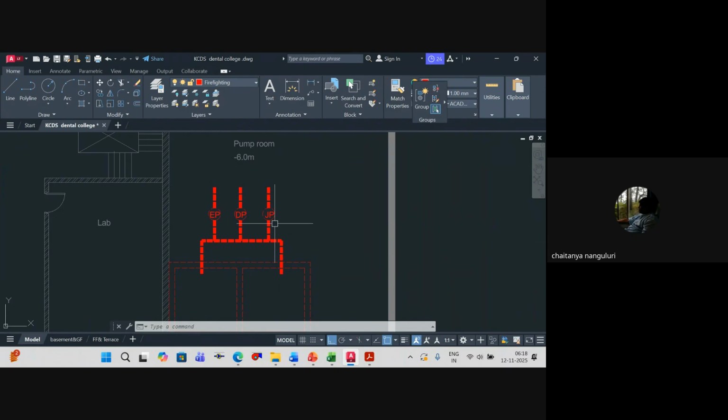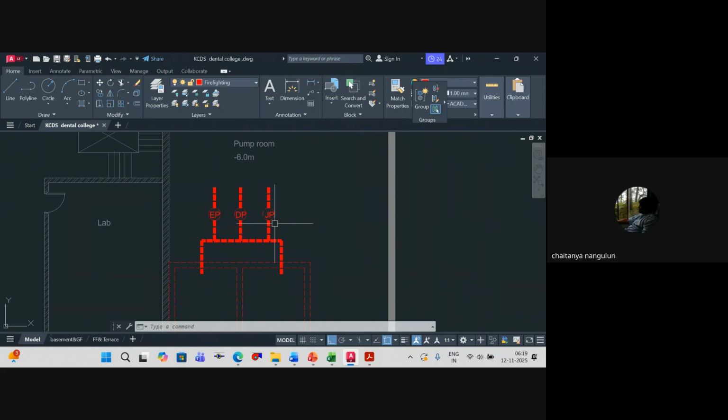Generally, we calculate according to the pressure, so that once we design, we'll come back to what pressure to keep the switch on and off. By default, you take around 8.5 or 9 bar, and 90 meters head for your pump selection. You switch on your jockey pump at 7.5 and switch off at 8 or 8.5.